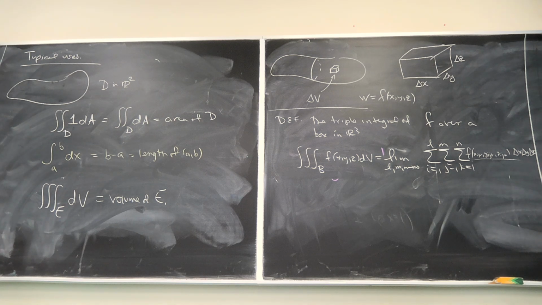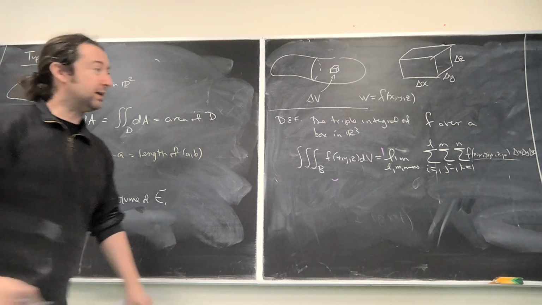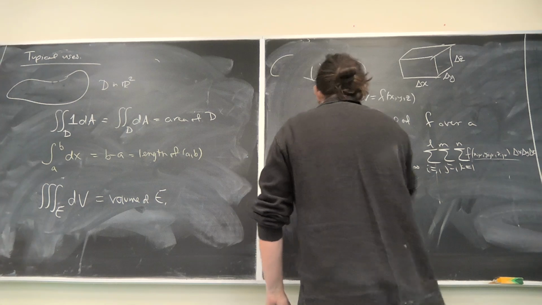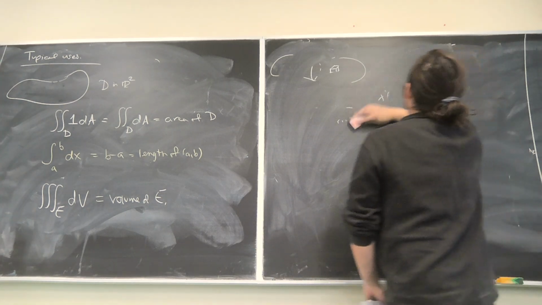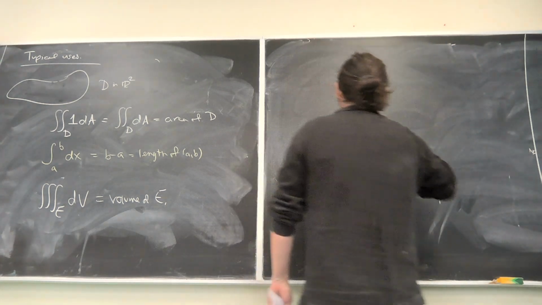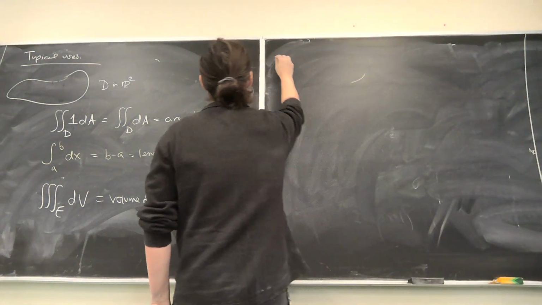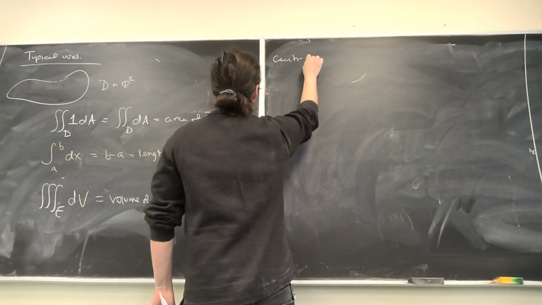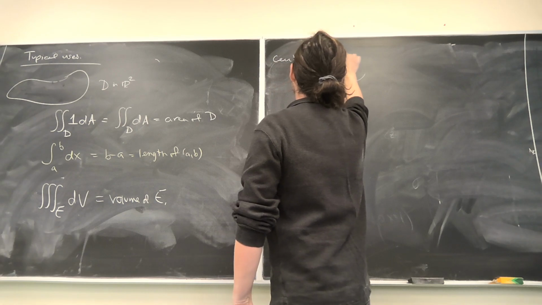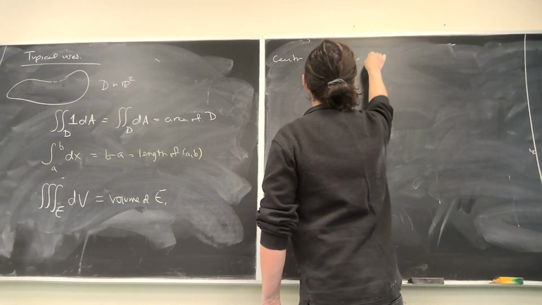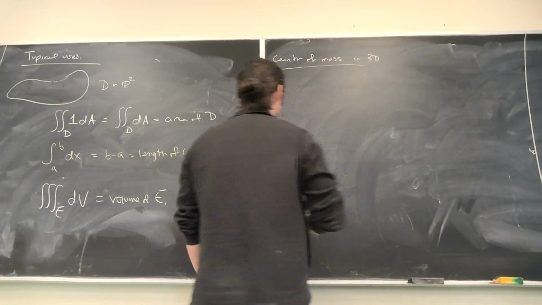The other application that we've seen before for triple integrals, and I promise you that I'm not going to make you do this, and we can think about why in a second. Actually, I should say, I promise you I won't make you do this on an exam, is center of mass in 3D takes the following form.